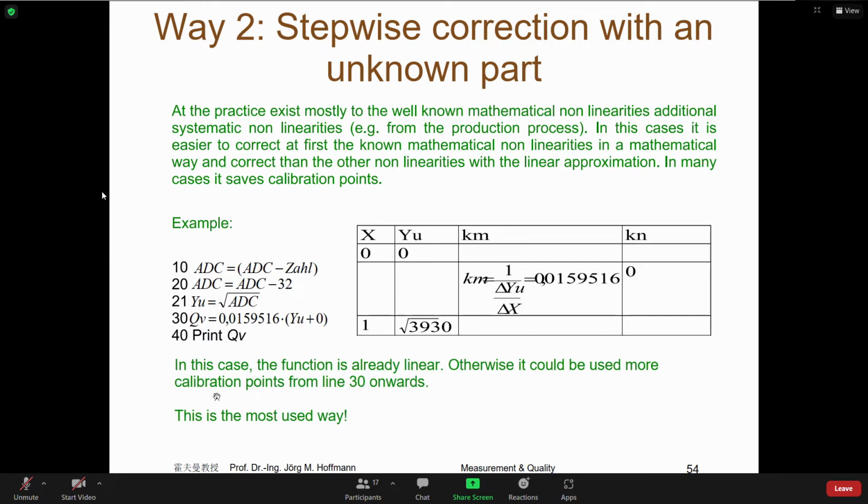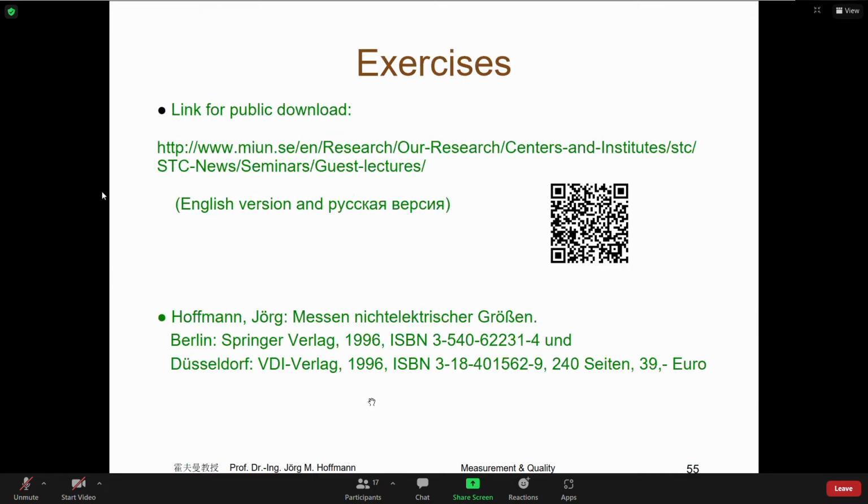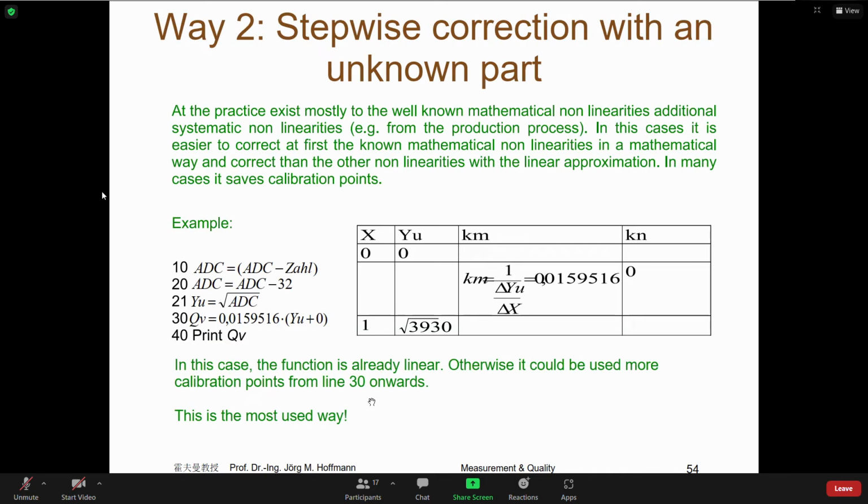This way is the most used way when you have a strong nonlinear function. Yes. Do you have questions to this point?